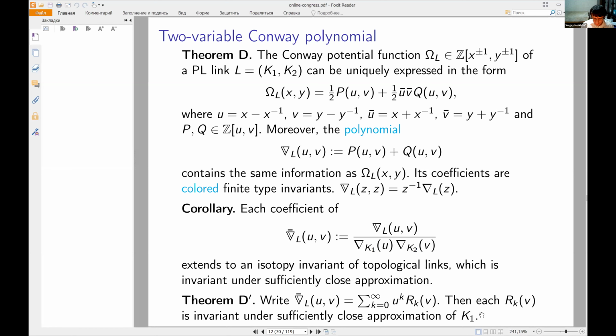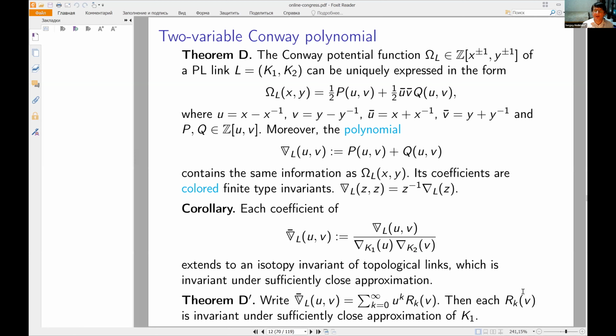So it means it has the same epsilon for the first component. You have to tell just one epsilon, and then for every PL link which is epsilon close to our given topological link, this power series will be the same. It is epsilon close on the first component, and on the second, there are different epsilons.